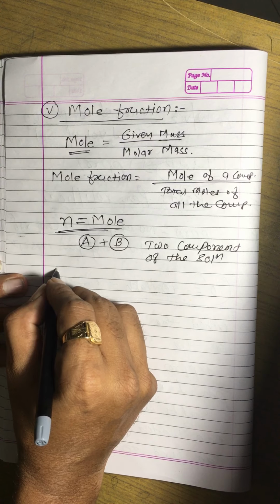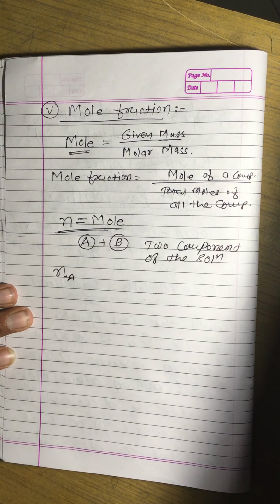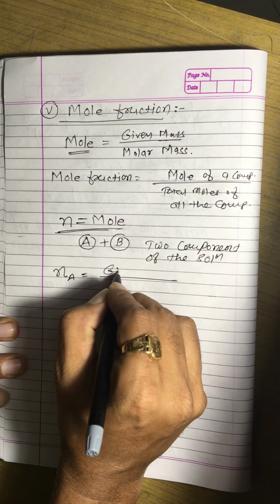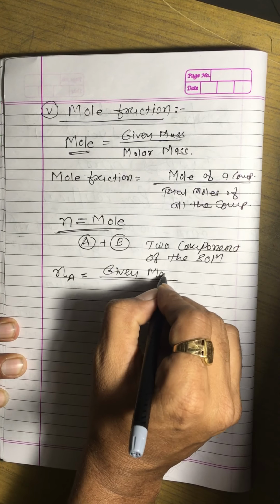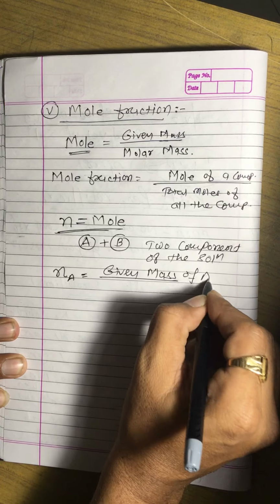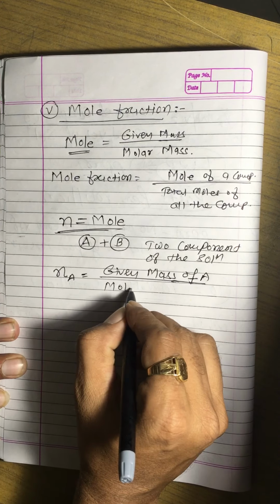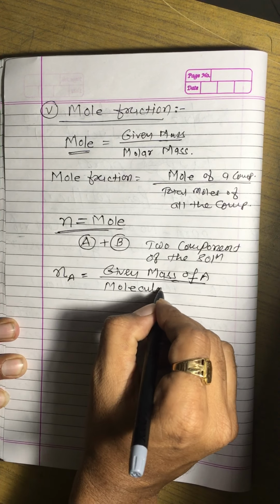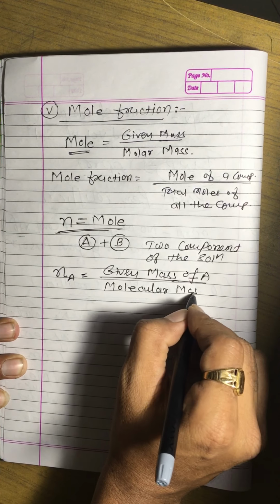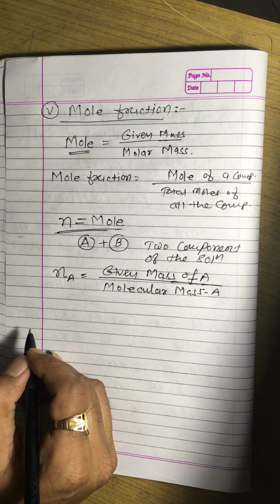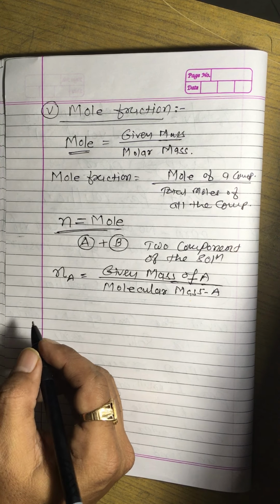The moles of A is Na, and Na is equal to the given mass of A, which will be given in your example, upon the molecular mass or molar mass of A, which you have to find out by the common method which you learnt in 10th standard.